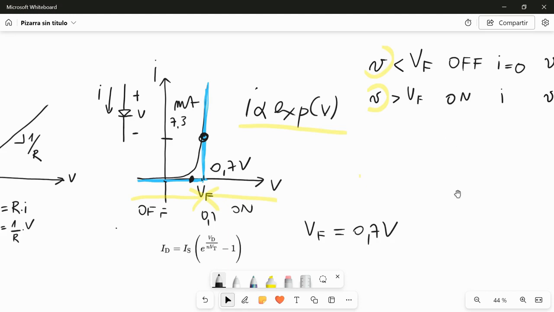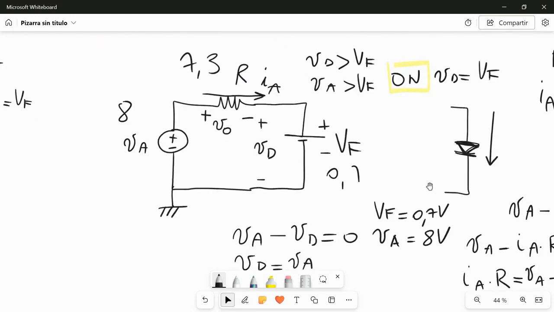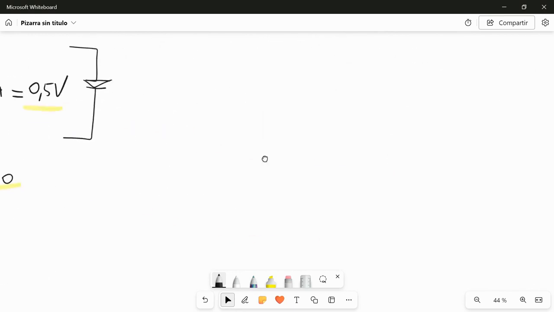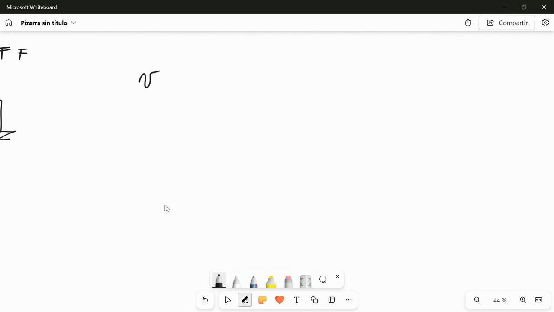Okay? So we can summarize all these things that we've seen up to now with two regimes. If the voltage seen by the diode is less than VF, the diode is basically an open circuit.